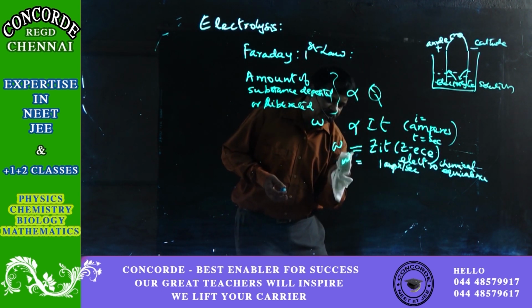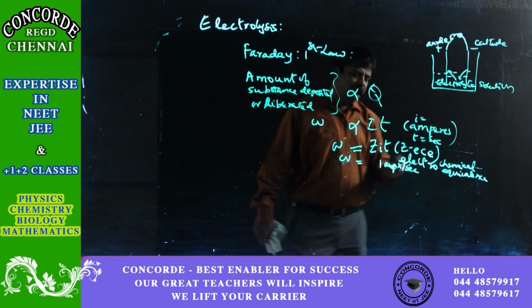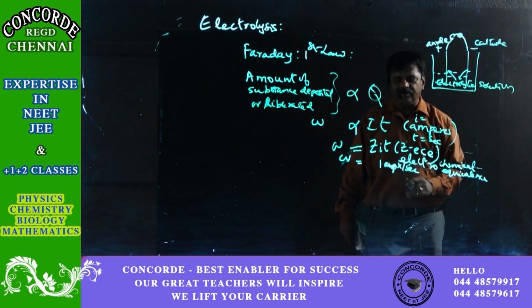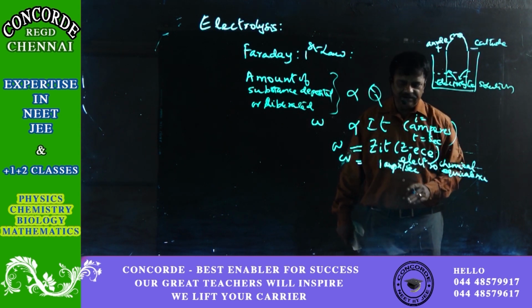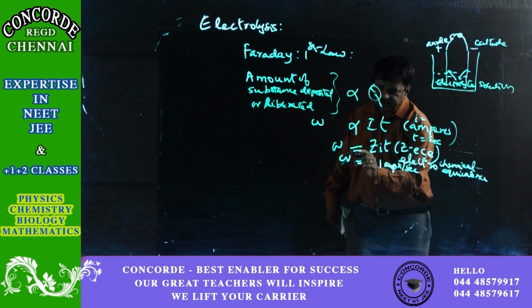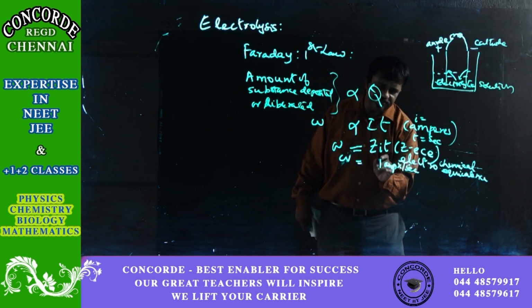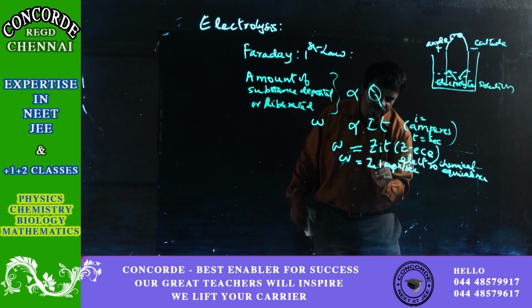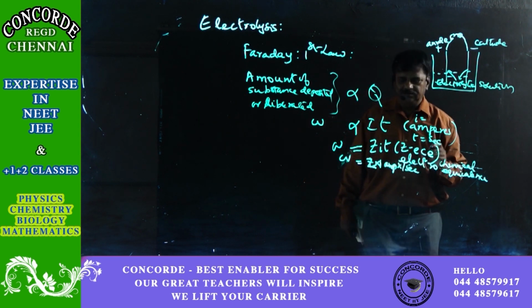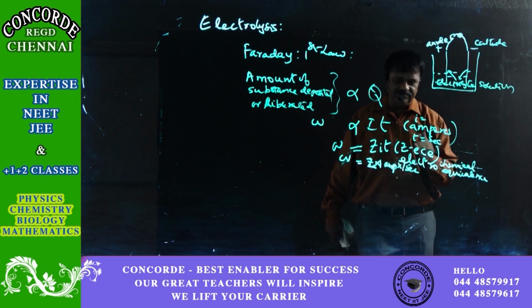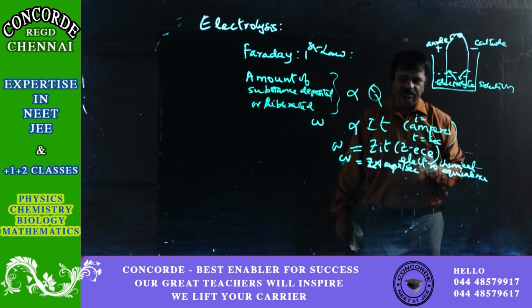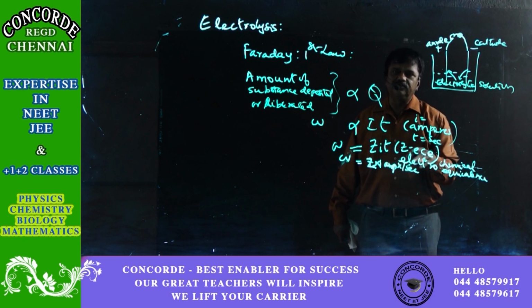Because the unit quantity of current, 1 ampere, and the unit quantity of time, 1 second, are used, W becomes Z. So how do you define electrochemical equivalence? Electrochemical equivalence is the weight of the substance or amount of the substance which is deposited when 1 ampere of current is sent for 1 second.